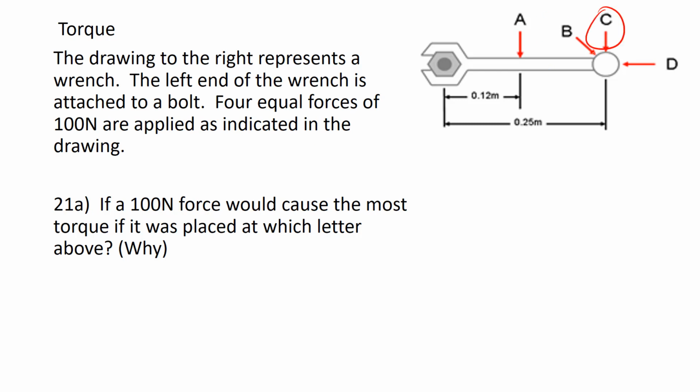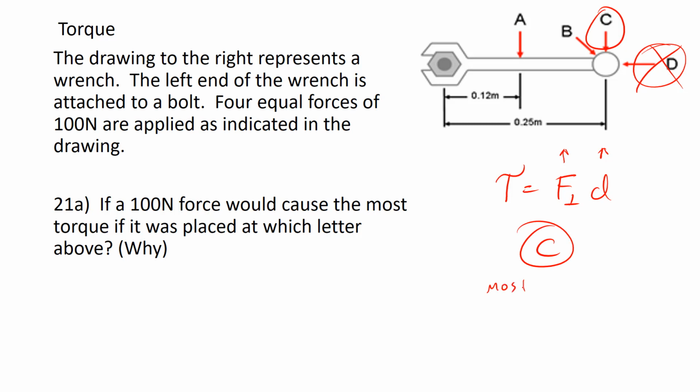So the most torque is going to be right here, because torque is force perpendicular times distance. This has no component, so this would be the least overall. This one's a lot shorter. So we want the greatest perpendicular force, which would be that 100 that is directly perpendicular, and we want the greatest distance. And so therefore, it's going to be C, which has both of those.